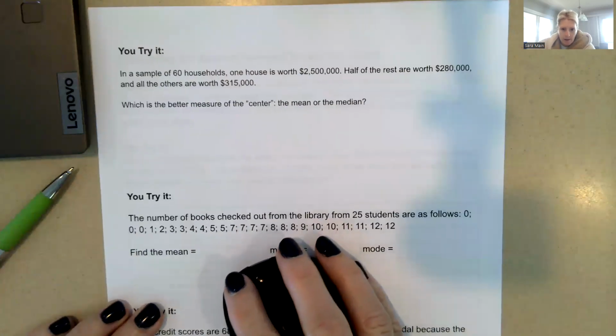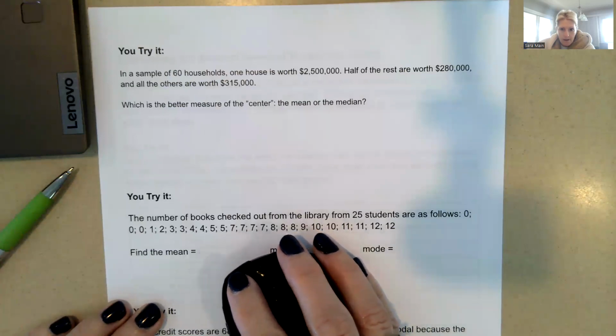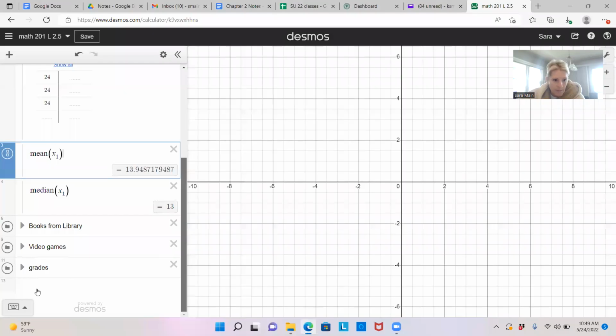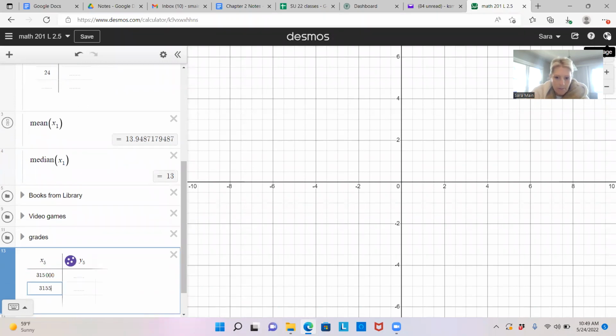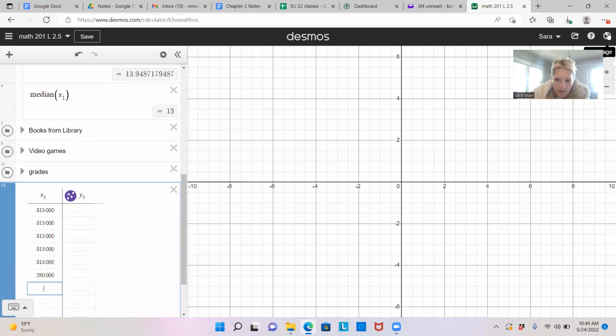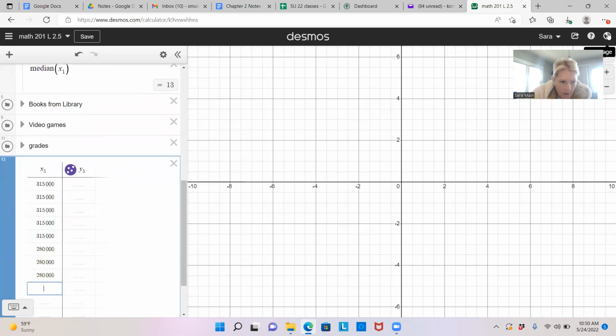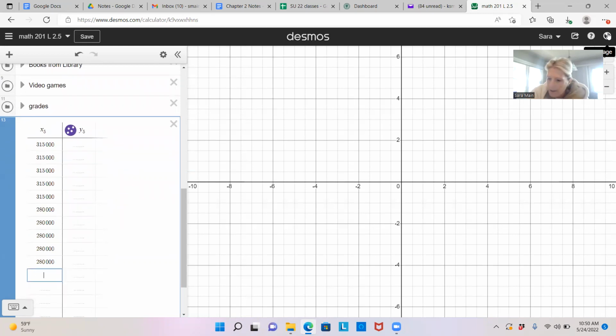Even if we just put in some play data, let's say we put in 10 at 315,000, some of them, and then a bunch more at 280,000, and then we added in that 2,500,000.